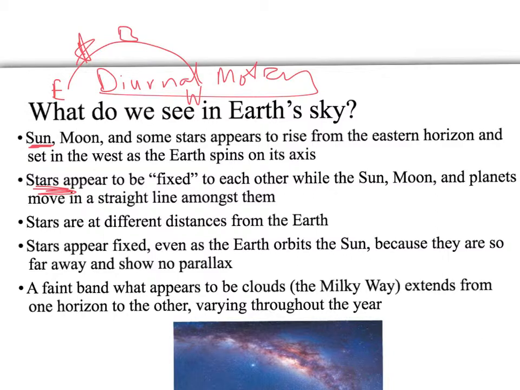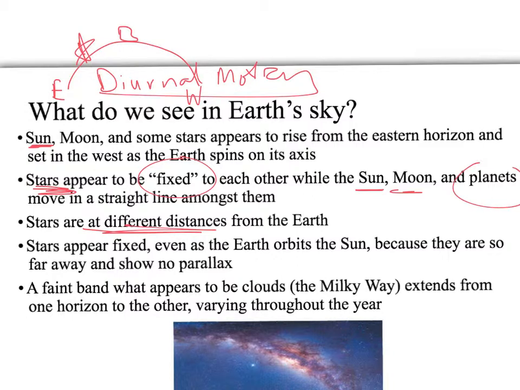They appear to be fixed, while the sun and the moon and actually the planets move against the background stars. Stars look like they're at the same location, but they actually are at different distances from the Earth.